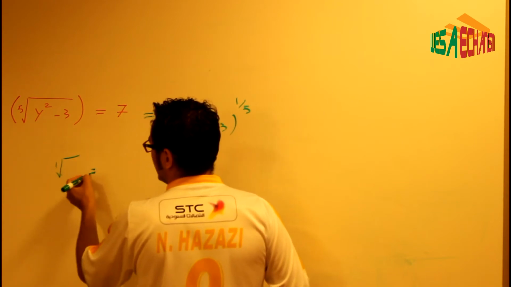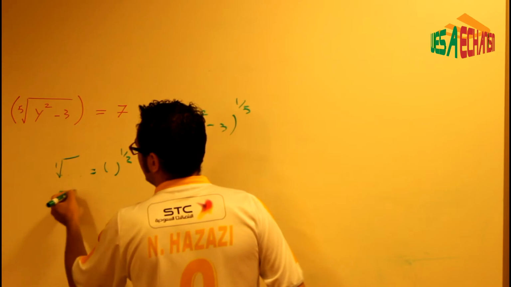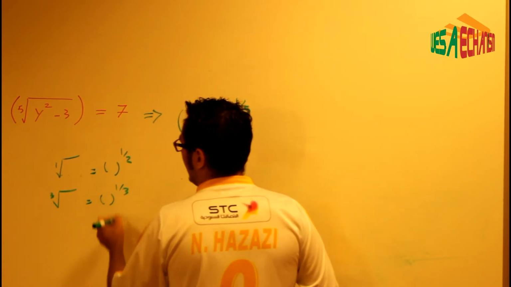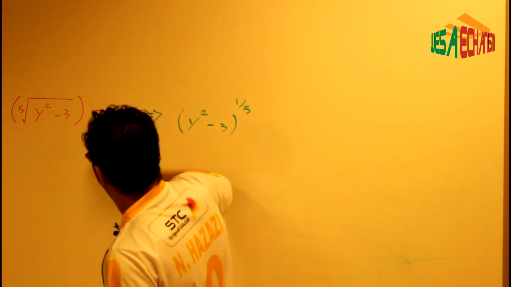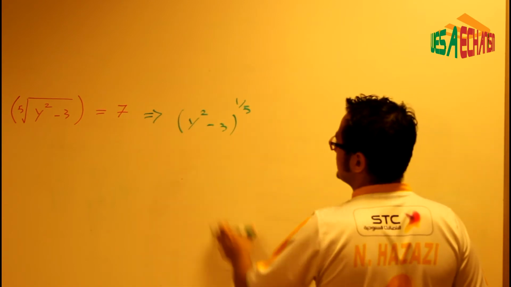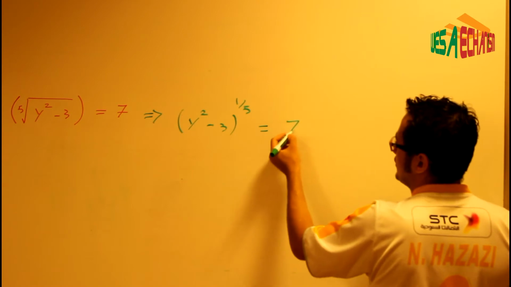This means to the power half. This means to the power third. And it goes on. So right now we want to simplify this, which is equal to 7.